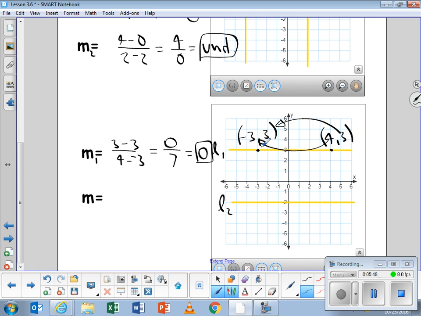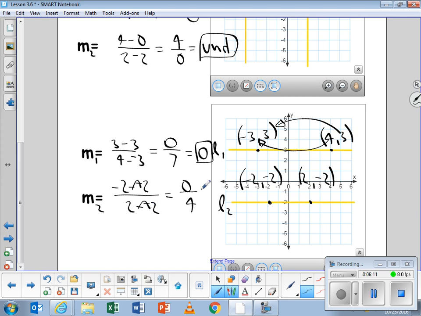Okay? So now line 2, if I pick a couple points, we'll go 2, negative 2, and negative 2, negative 2. So on top we go negative 2 minus negative 2. On the bottom we go 2 minus negative 2, which is 0 over 4.